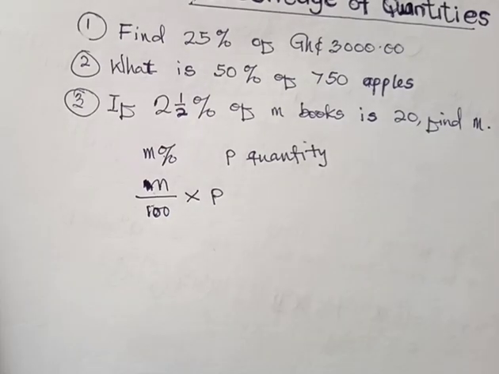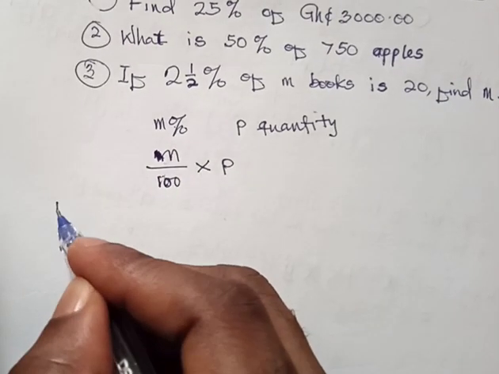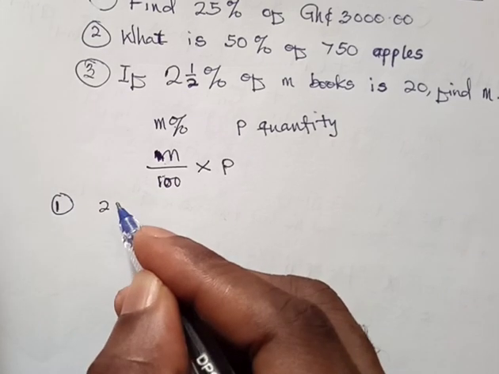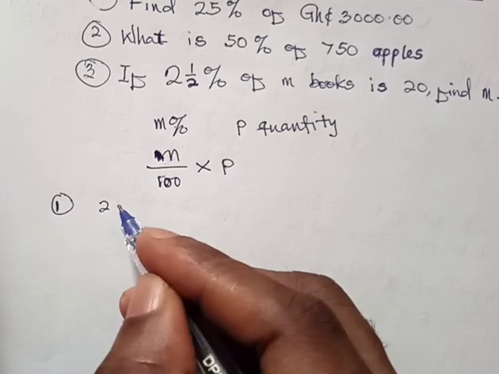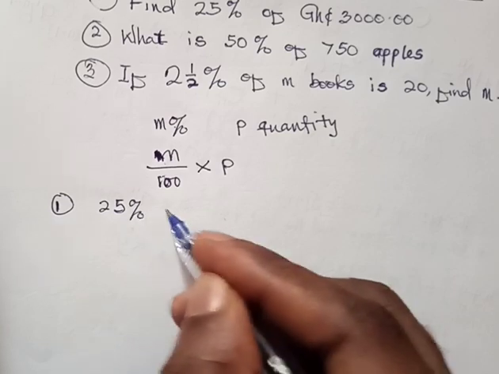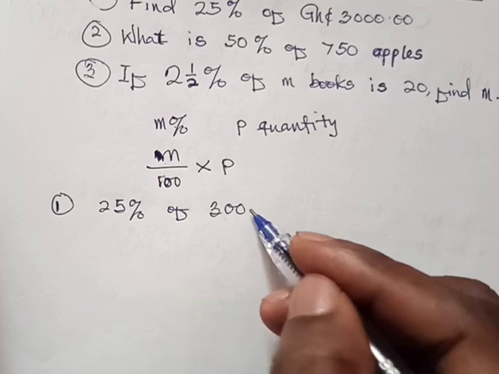So we will not waste time. We'll look at our first example. In question one, we are asked to find 25% of 3,000 Ghana cedis. So we say 25% of 3,000 Ghana cedis.